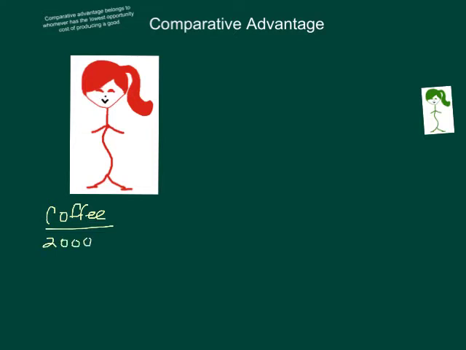She can also grow sugar on this land, because it just so happens that in Brazil, sugar grows in similar kinds of growing conditions as coffee does. But she only has so much land, so if she's producing 2,000 containers of coffee each year, she doesn't have any resources left over for sugar.